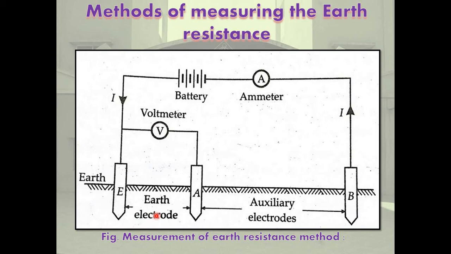The ohm meter measures the ratio V by I, where V means voltage between the electrode and the test voltage spike. Several readings of V by I equal to R are taken for different positions of the voltage spike.